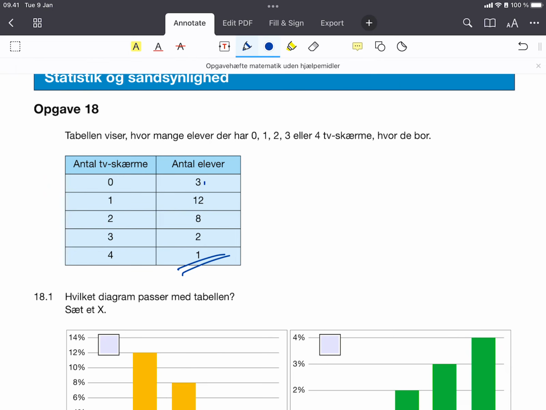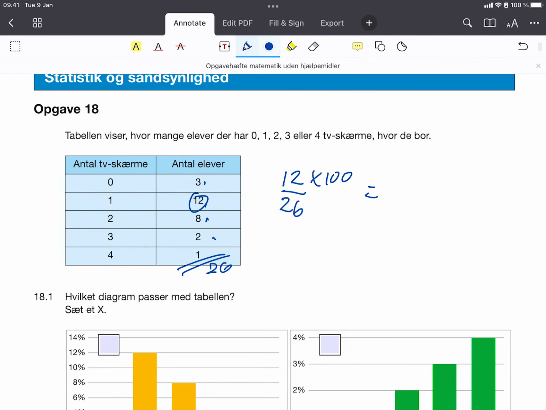So 3 plus 12 is 15, 25, 26. Okay. So the number of people with 1 TV is 12 out of 26 times 100 to make that a percentage. I mean, it's in the order, without doing much calculation, I can see that it's in the order of something just under a half.